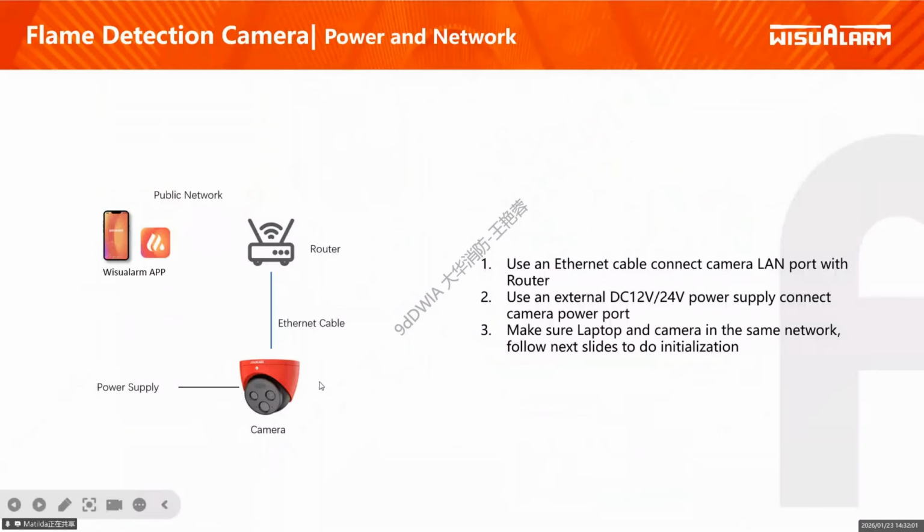And please make sure that our camera is powered on. And then to achieve the initialization of the camera, we need to make sure the laptop and the camera are in the same network, and then start to do the initialization.